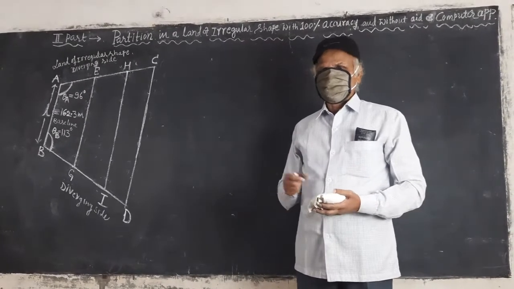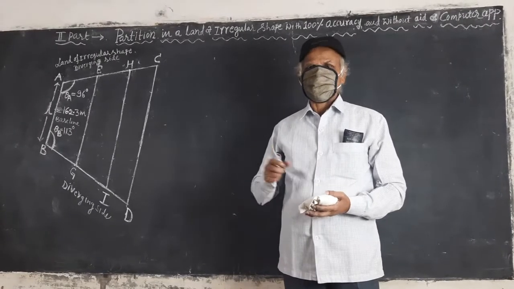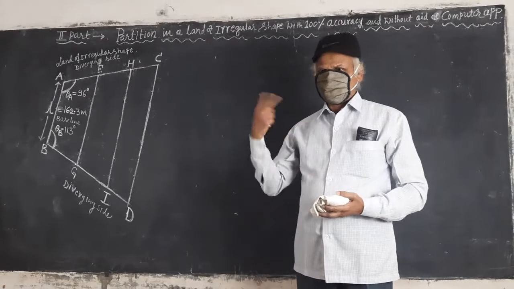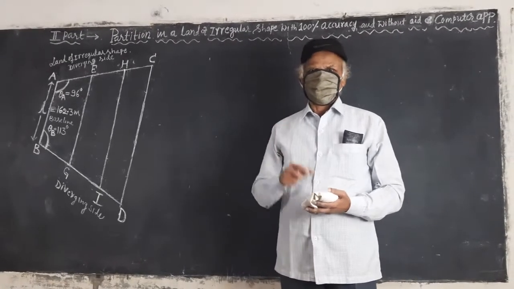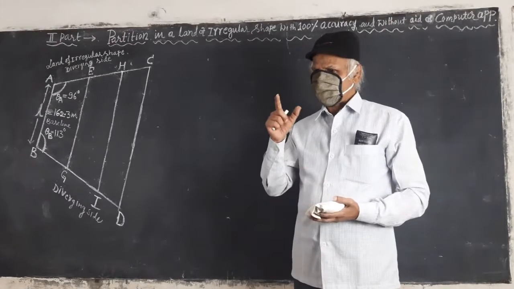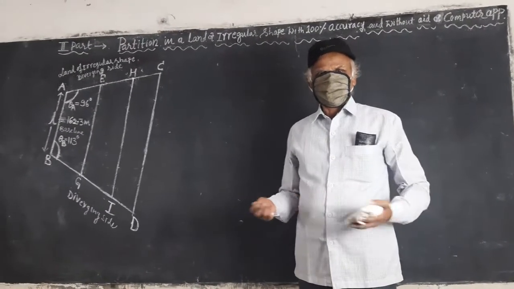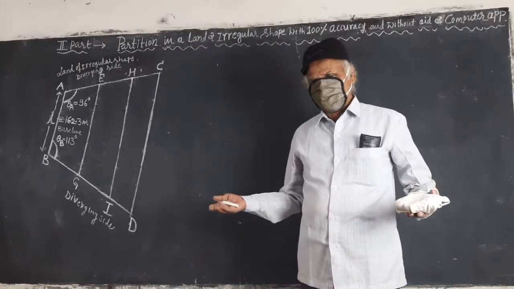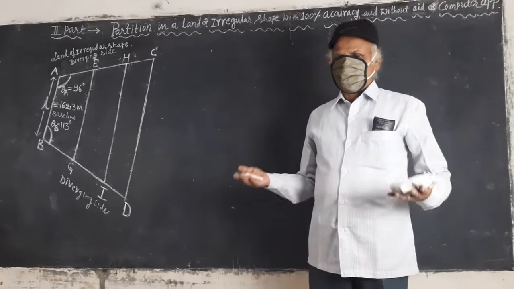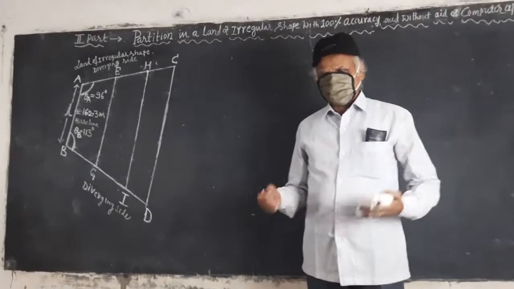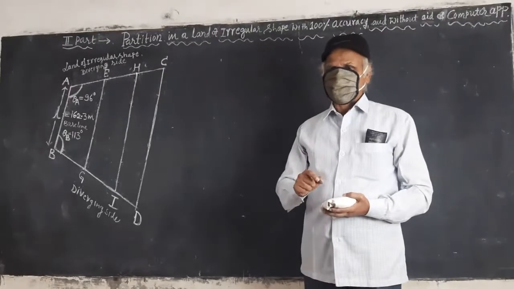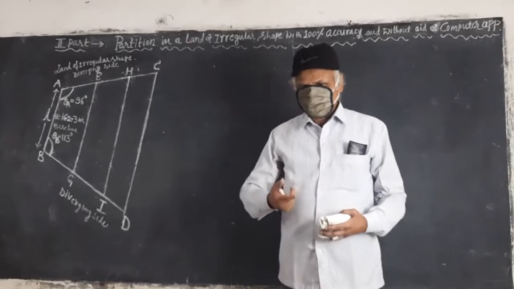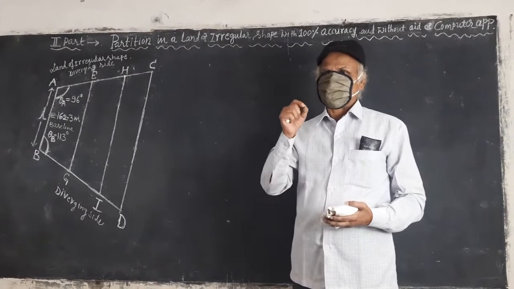This video is a continuation of my previous video in which I derived some useful formula relating to partition of land of irregular shape. Now, I will discuss the application of those formulas taking a specific example.